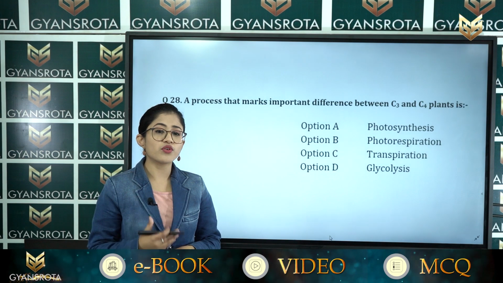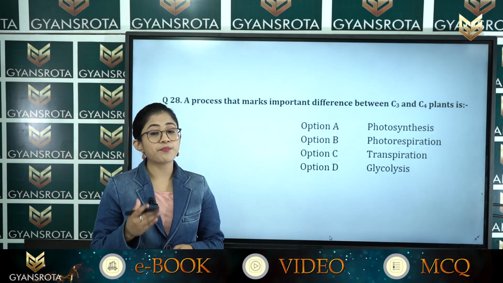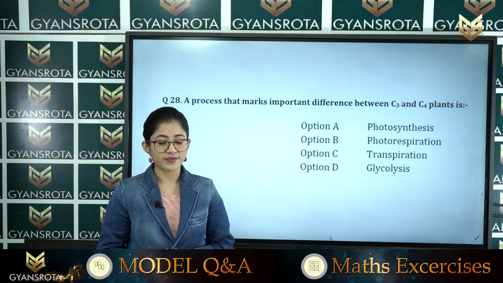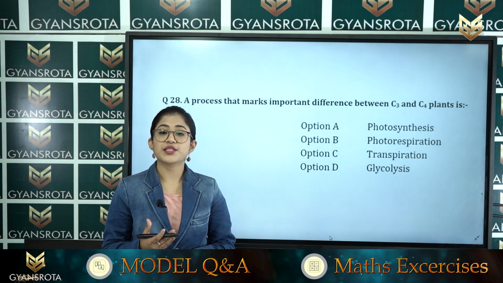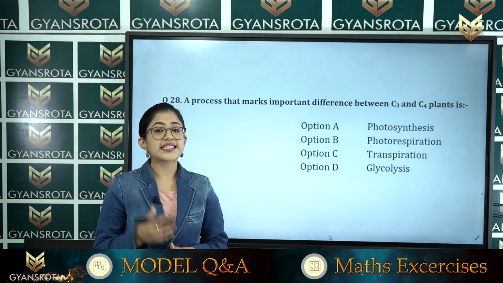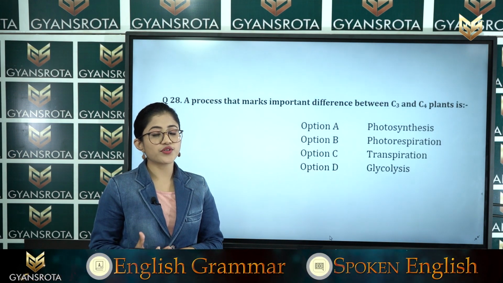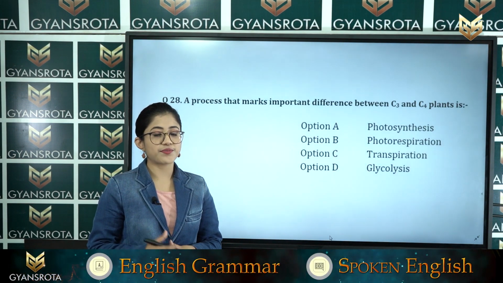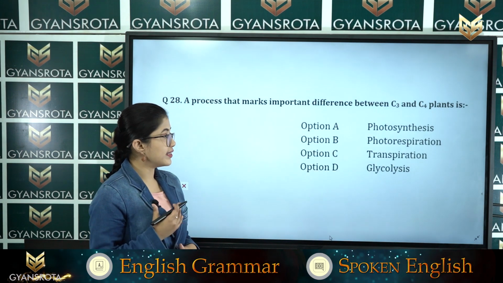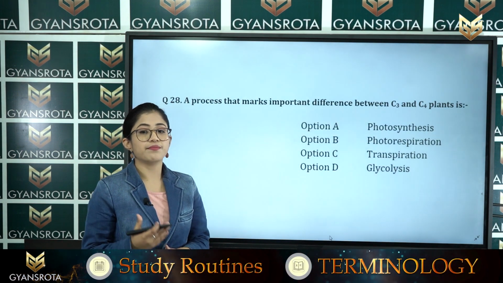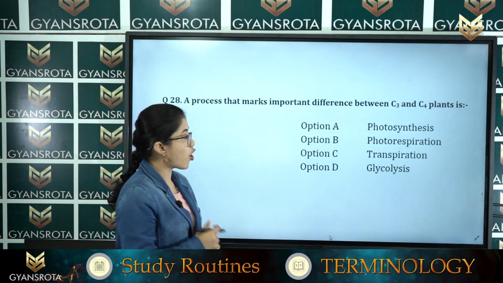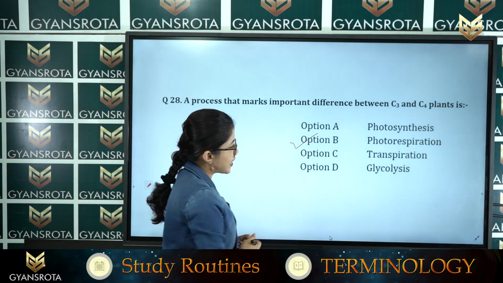So, which of the following process marks important difference between C3 and C4 plant? We have discussed in the chapter respiration in higher plants. C3 plants, they lack photorespiration process, whereas in C4 plants the photorespiration take place. This is the major difference between C3 and C4 plant, which means option number B is the correct answer.